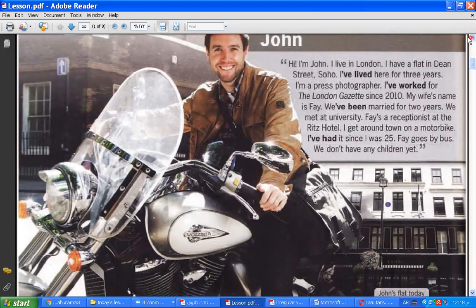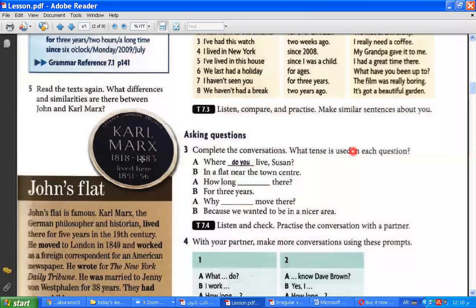Another one? Both of them worked at a newspaper. Yes. John is a press photographer, and Karl also worked for a newspaper in the past. The same.